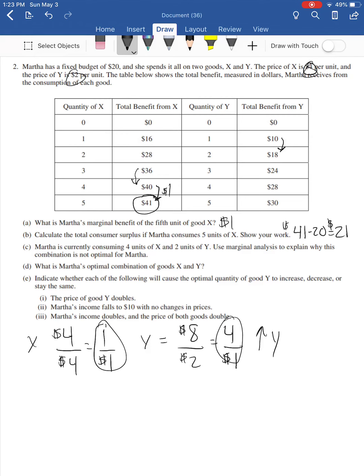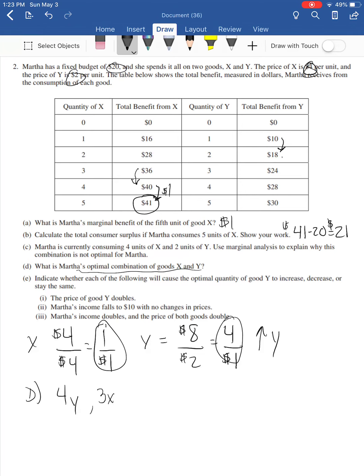And then letter D, what is Martha's optimal combination of goods X and Y? Well, it ends up being 4 units of Y and 3 units of X, because she has $20 to spend, and we could go and look at 3 units here.